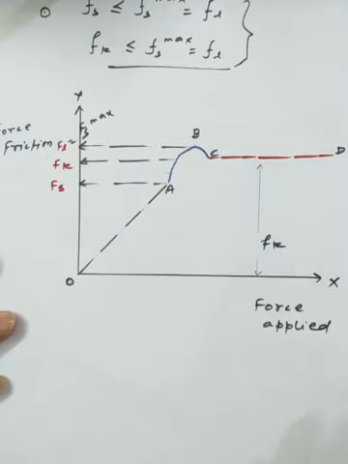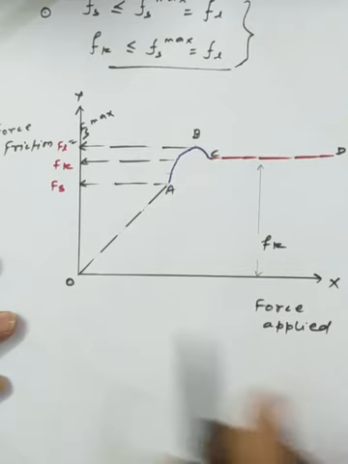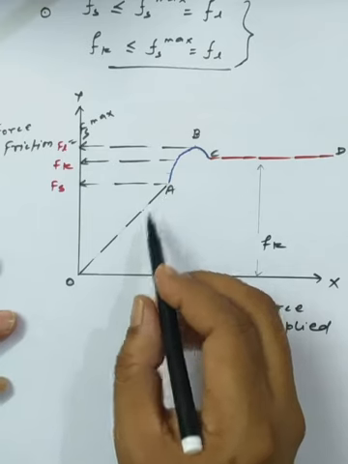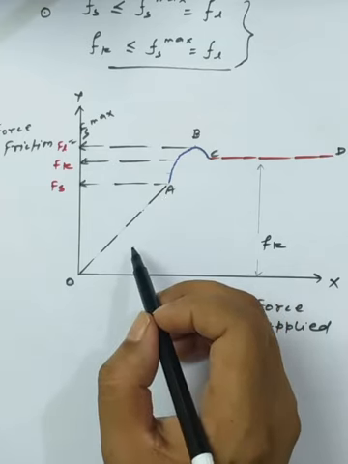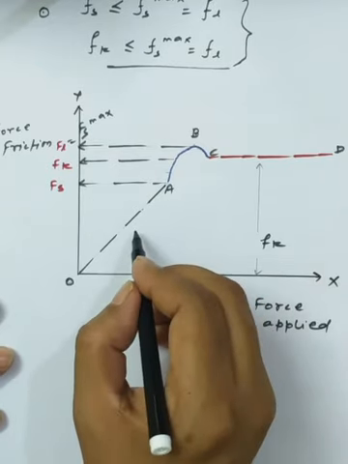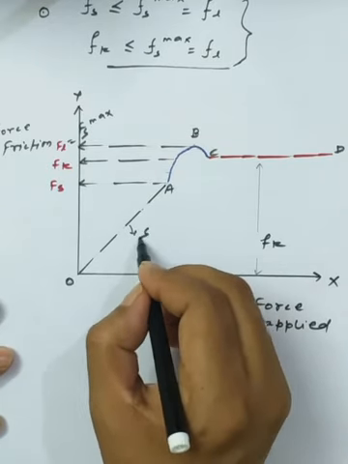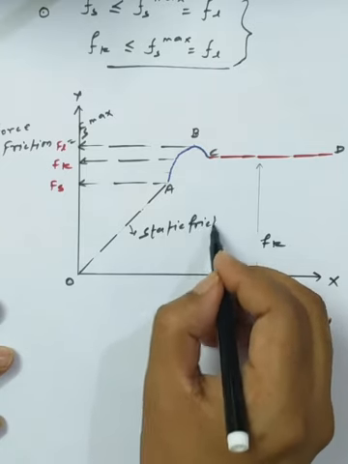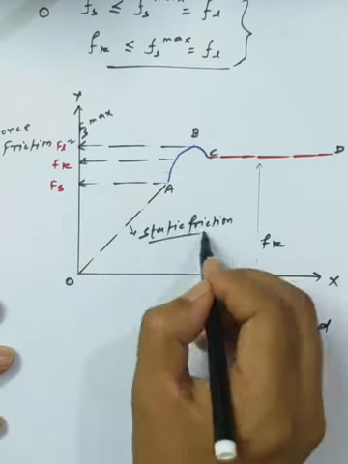As we apply force on a block, the graph goes from O to A, where the applied force is equal to the force of friction. So the portion OA represents static friction.